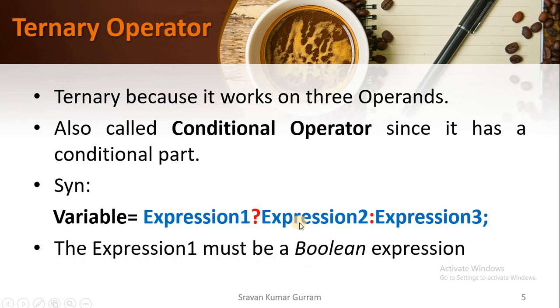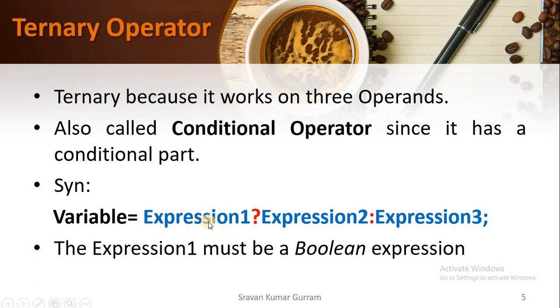One more important point is that expression 1 must be a Boolean expression that returns either true or false. Depending on the value of this Boolean expression, the final value of the variable will be decided. If expression 1 returns true, the expression 2 value will be assigned to the variable.